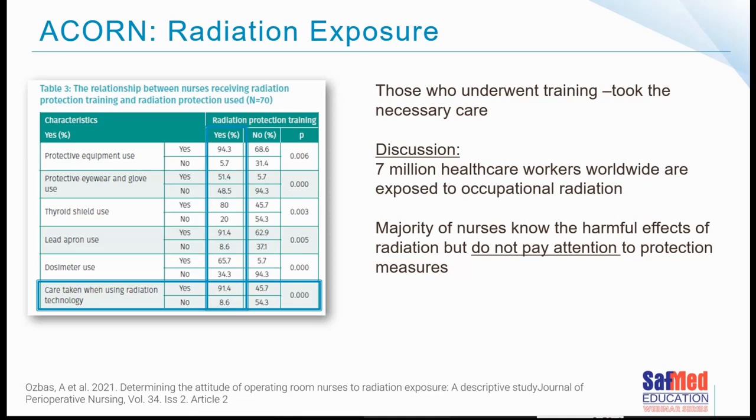And thankfully, it does seem that the people who had been trained were more likely to use proper protection. They discussed the fact that more than 7 million healthcare workers worldwide are exposed to occupational radiation, and that the majority of nurses know the harmful effects, but sadly do not pay attention to the protection measures. That is very sad.